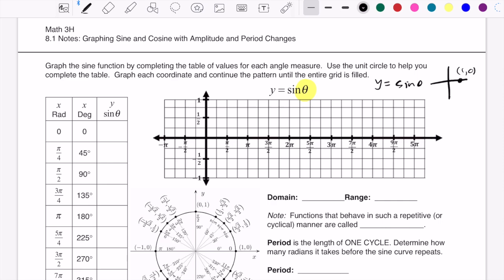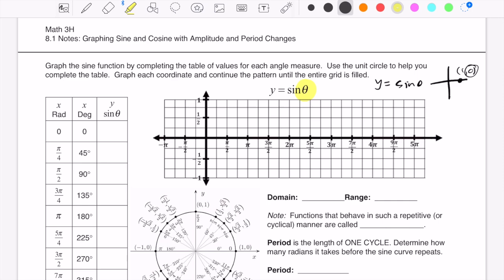Because it's a quadrantal, we would put the point, and sine always goes with y, and the y coordinate is 0. Now, to speed things up, we have put the entire unit circle right here so that we can just pick all the y coordinates as we go around. But you do know how to do this the longer way, which was just by plugging in.